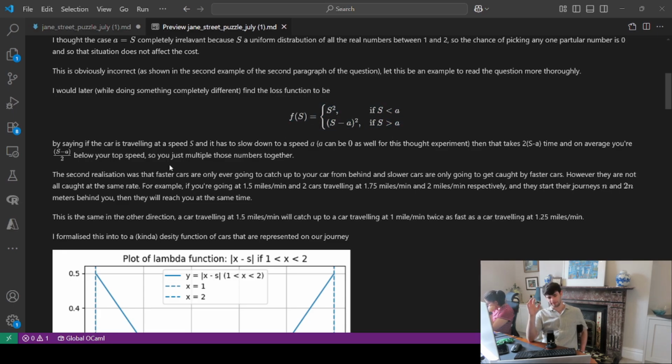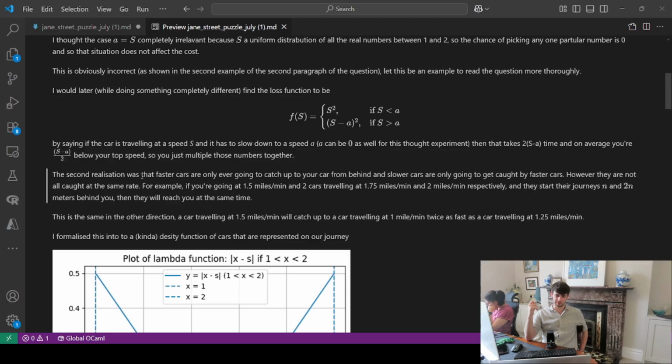And then the second and more important thing, which I thought, oh my God, I'm so smart for coming up with this, was that faster cars are only ever going to catch up with your car from behind, and slower cars are only going to get caught by faster cars. This is kind of obvious, but the interesting thing was that they don't catch up at equal rates.